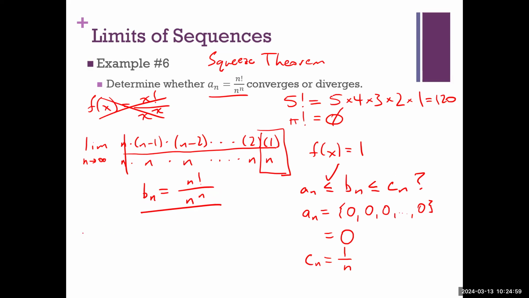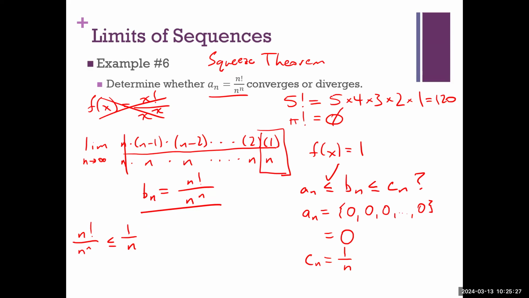The question I'm asking is: is n factorial over n to the n less than 1 over n, or I guess equal to it? If these factors are all less than 1, then multiplying that by 1 over n has to be less than 1 over n, right?